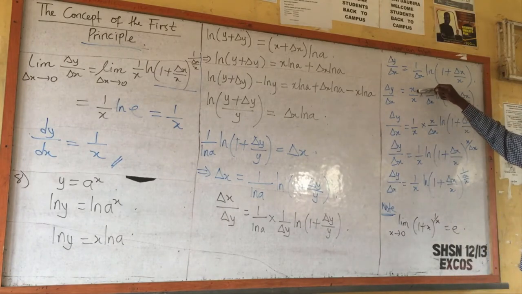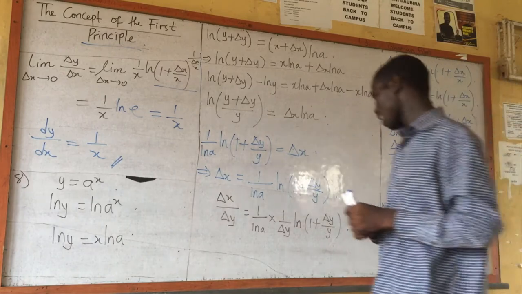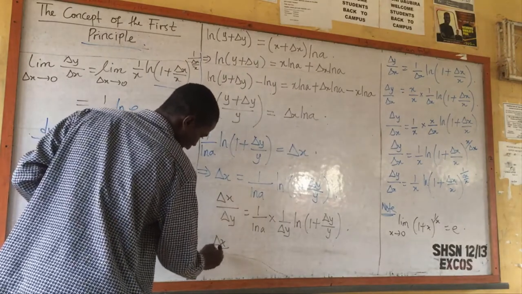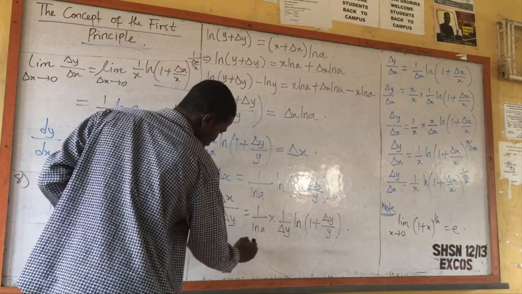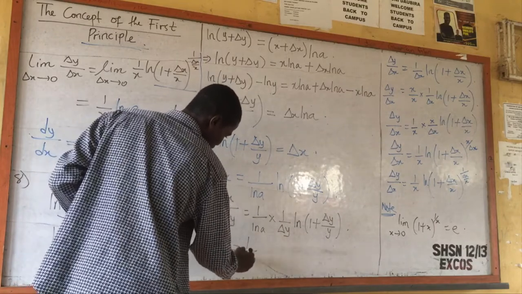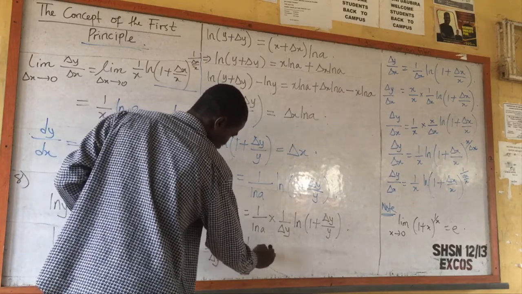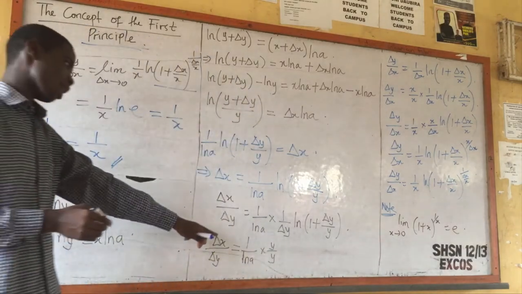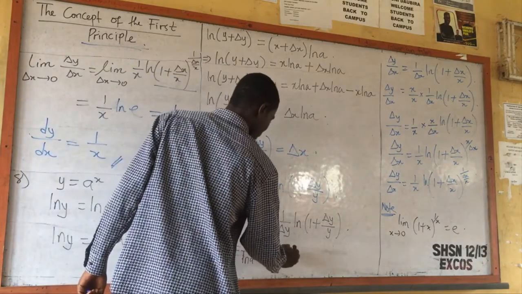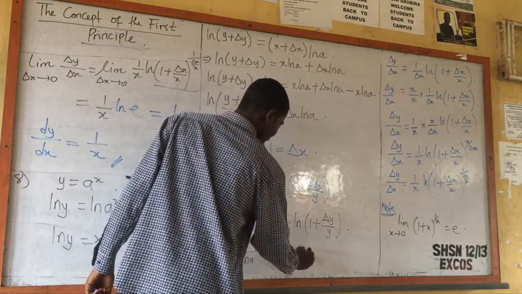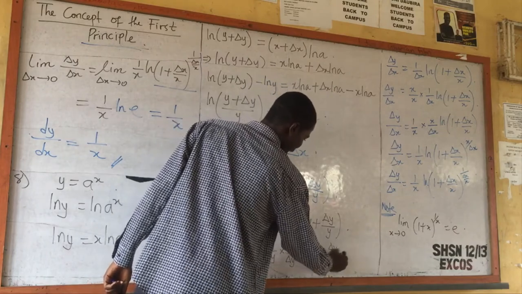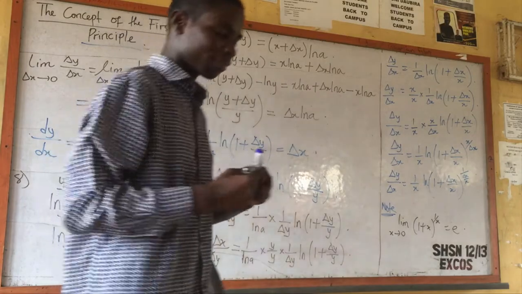Since I have multiplied both numerator and denominator by s over s, I will do the same thing here, so that delta s all over delta y will now be equal to, still leaving 1 over ln a, multiplied by y over y. You can see I have multiplied both sides by y over y, multiplied by 1 over delta y, ln of 1 plus delta y over y. That is what I have.